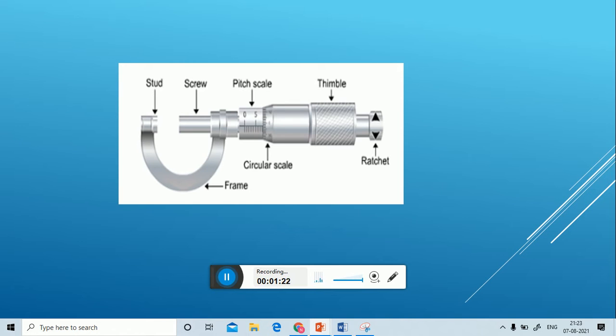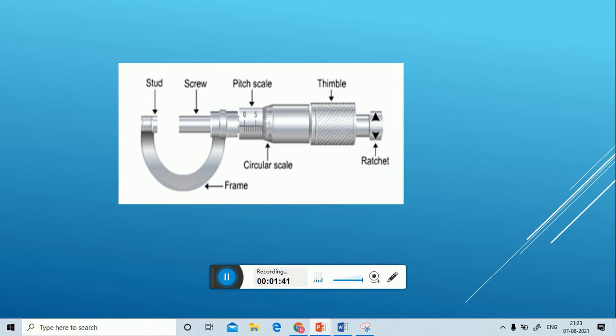The important difference between screw gauge and vernier calipers is that vernier calipers can measure a minimum reading of 0.01 centimeters, which we learnt when calculating the least count of the vernier calipers.